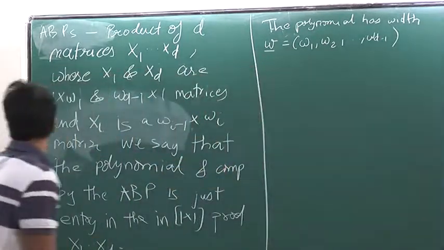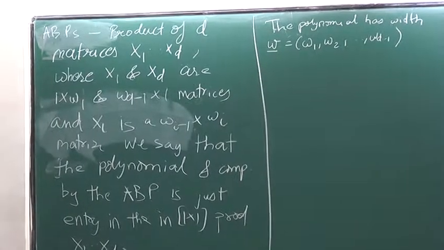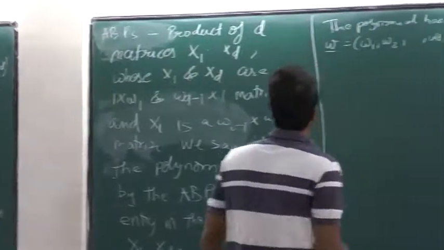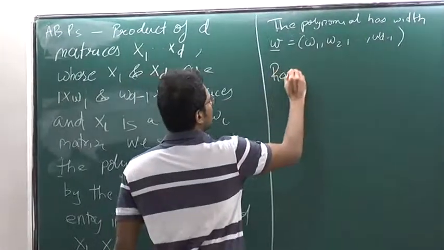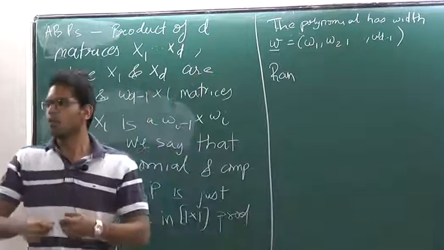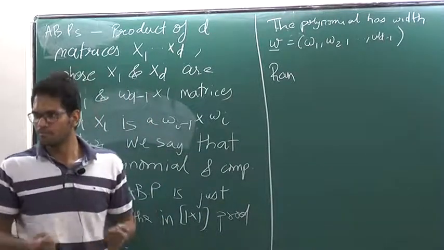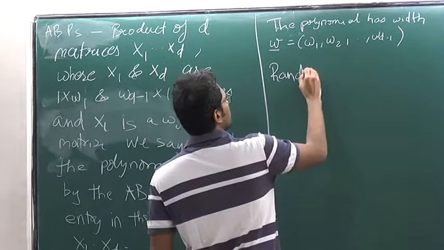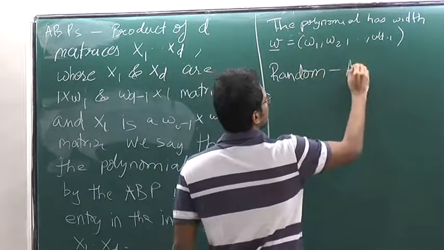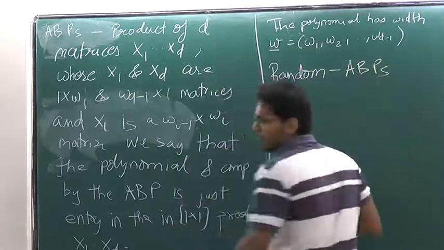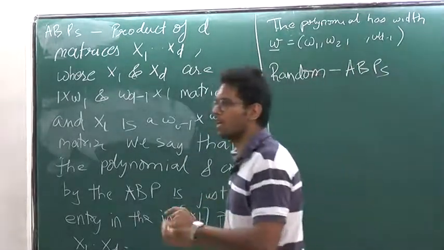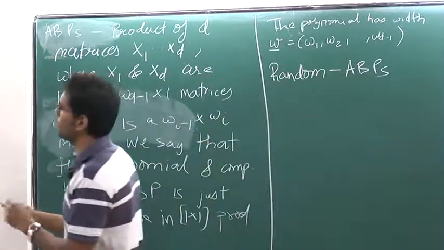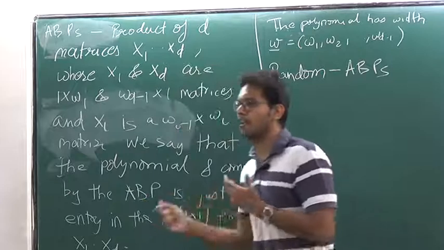As I said, we are looking at average case reconstruction, so I need to define a distribution on these ABPs, and the distribution is quite natural. You pick the coefficients of the linear forms independently and uniformly at random. Just to be precise, you can fix a subset of the field, S gamma, where you have gamma bits on the left and right of the decimal.